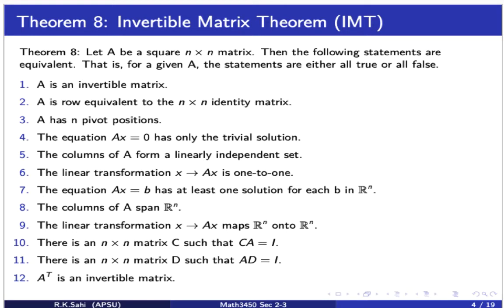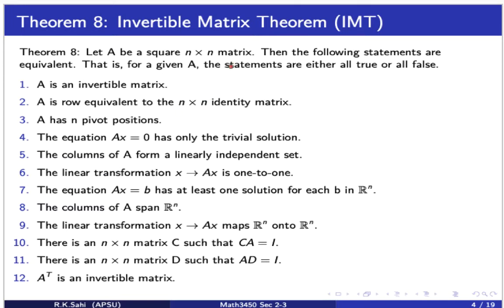The invertible matrix theorem, in a nutshell, is nothing but condensing everything we have learned so far in chapter 1 and also some things we did in sections 2.1 and 2.2 of our book. So let's look at this very important theorem.